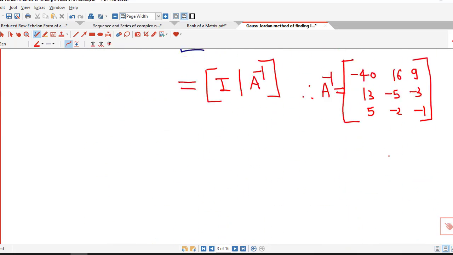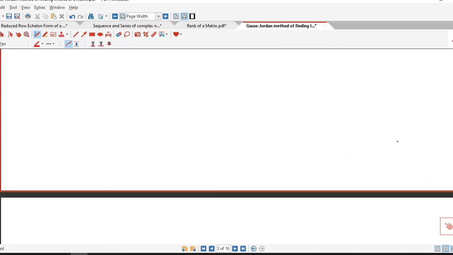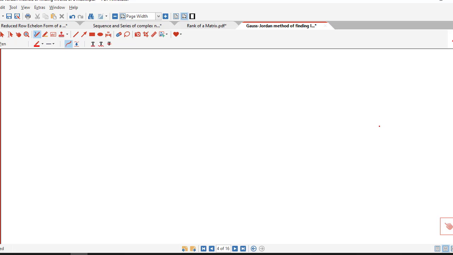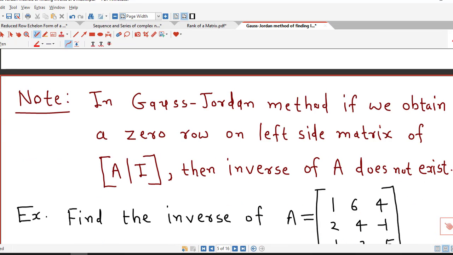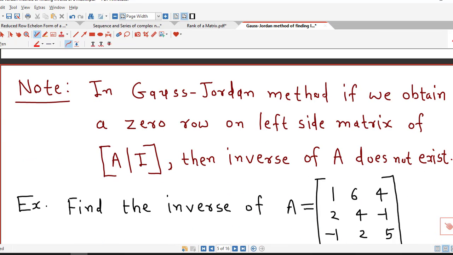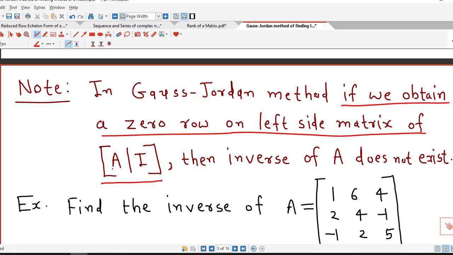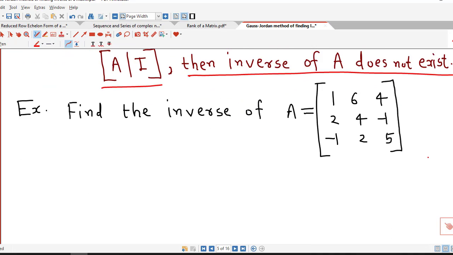So we can decide the existence of the inverse also by the Gauss-Jordan method. We consider this note: in the Gauss-Jordan method, if we obtain a 0 row on the left hand side matrix of this whole matrix, then the inverse of A does not exist.